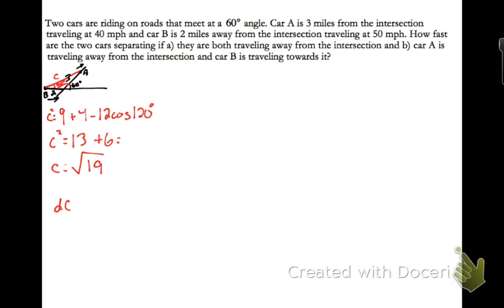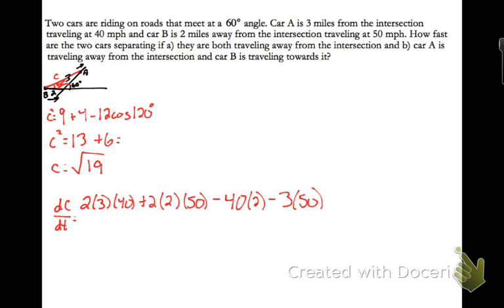So now we've got the information needed to figure out dc/dt. So using the work we've already done, we know that dc/dt is equal to 2 times a, which in this case is 3, times dA/dt, which is 40, plus 2 times b, which in this case is 2, times dB/dt, which in this case is 50, minus dA/dt, which is 40, times b, which is 2, minus 3 times 50, and all of this will be over 2 times c, or 2 times the square root of 19.